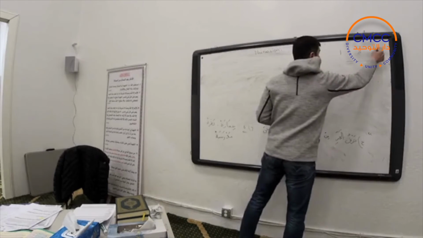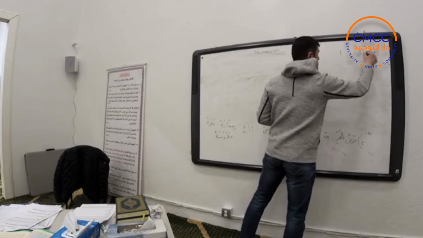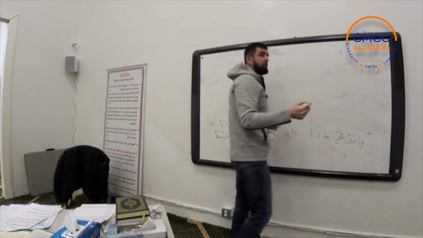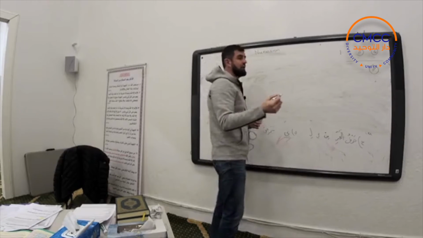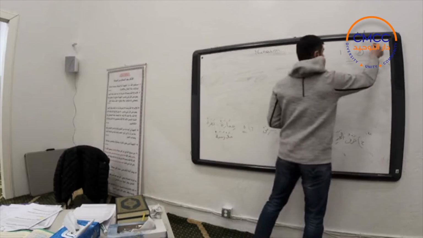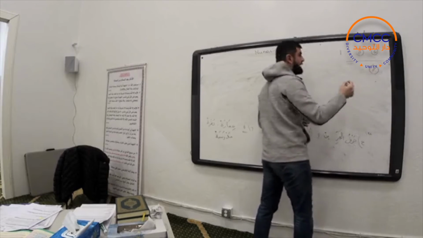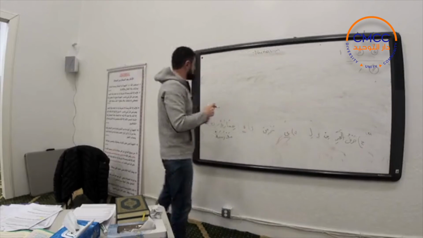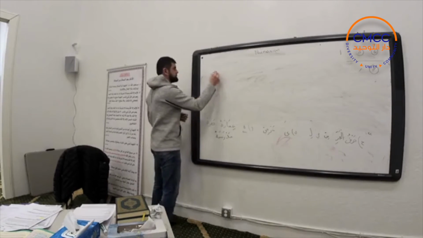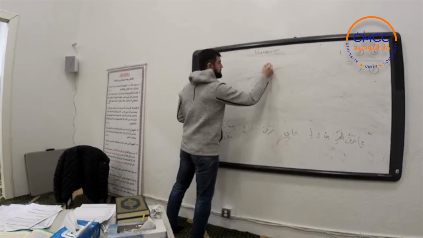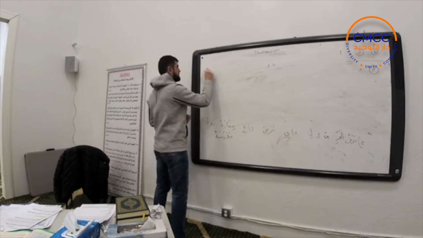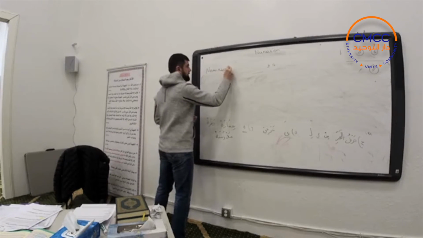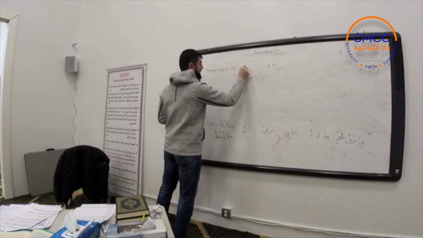This one is tanween, right? Un and in. Also, if we put a definite article in front of the noun, it's going to turn into a vowel, right? U, a, and i. So u or un, we can call the nominative case, okay?